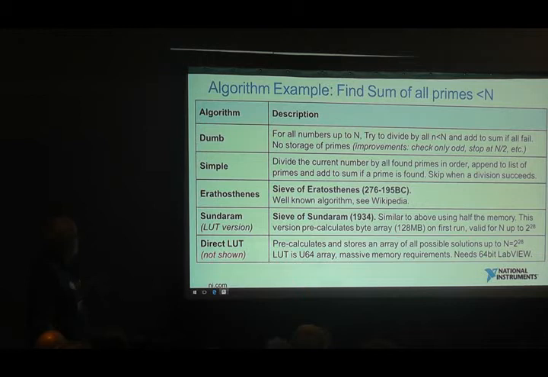And simple is divide the current number by all found primes in order, append to the list of primes, and add to the sum if a prime is found. We can only calculate the sum of primes, which has to be a 64-bit integer because it gets very big. The very known algorithm from very long ago.